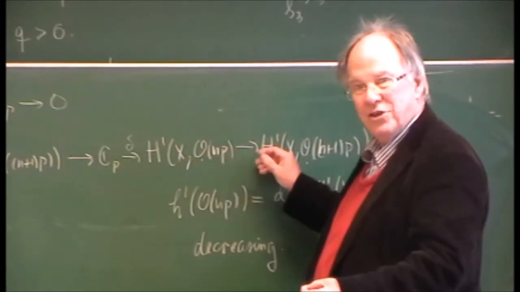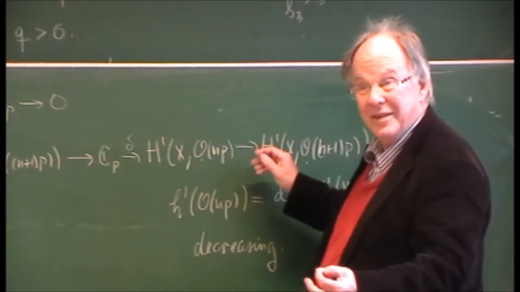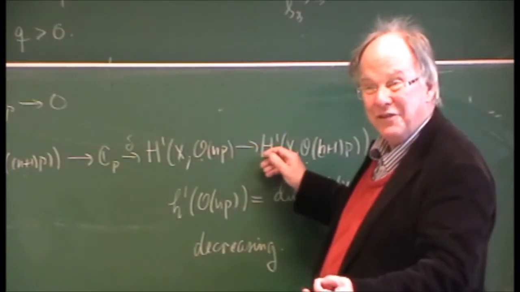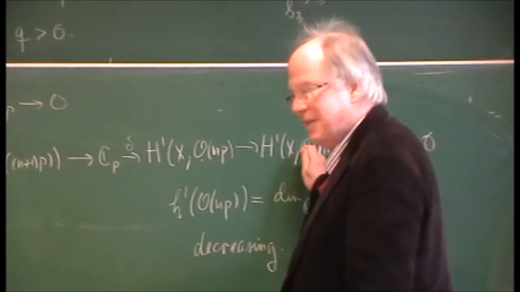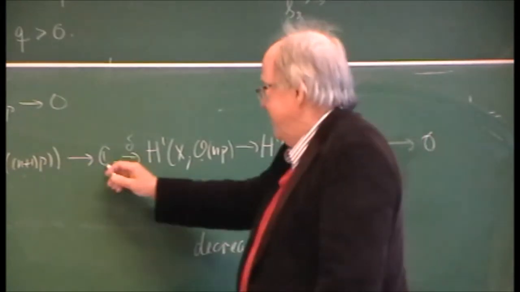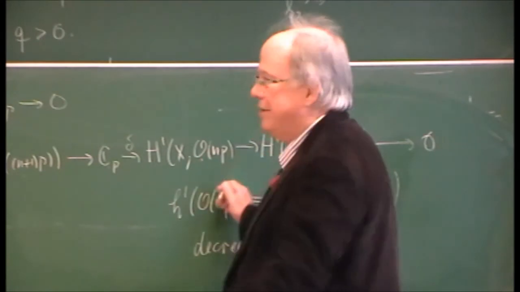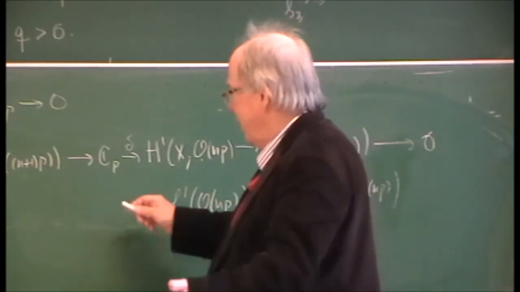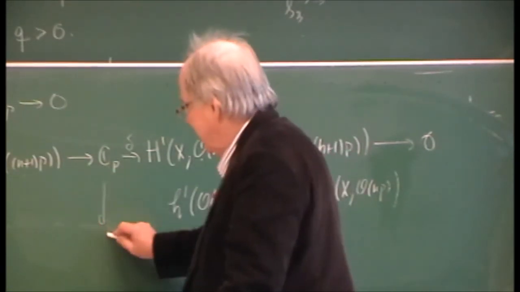If they're equal in dimension, this mapping is an isomorphism. Yes? A surjective map between equal dimension vector spaces is an isomorphism. Am I okay, Kate? If this mapping is an isomorphism, it means that it doesn't have a kernel. The image of this mapping is the kernel of this mapping. This mapping doesn't have a kernel. By stupid thought, which even my granddaughter can have at age 11, this mapping is surjective.